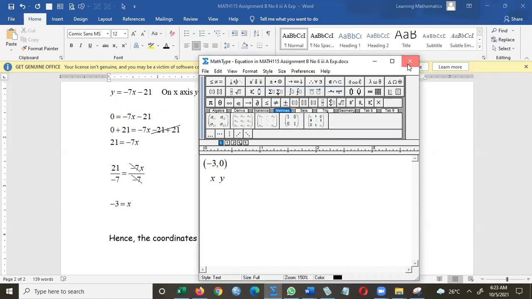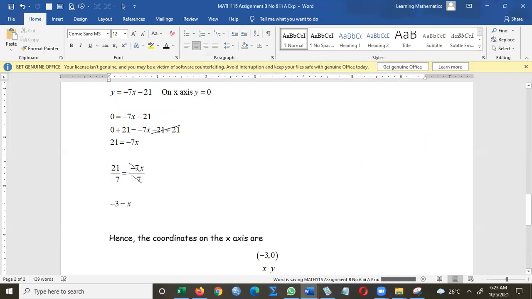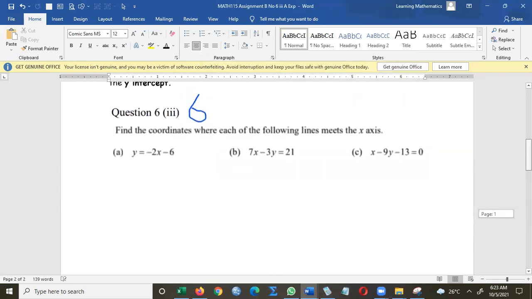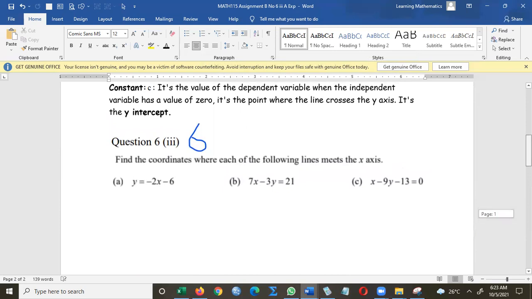So here we have it. An example like part A. We can do an example like B. You have 7x minus 3y is equal to 21.